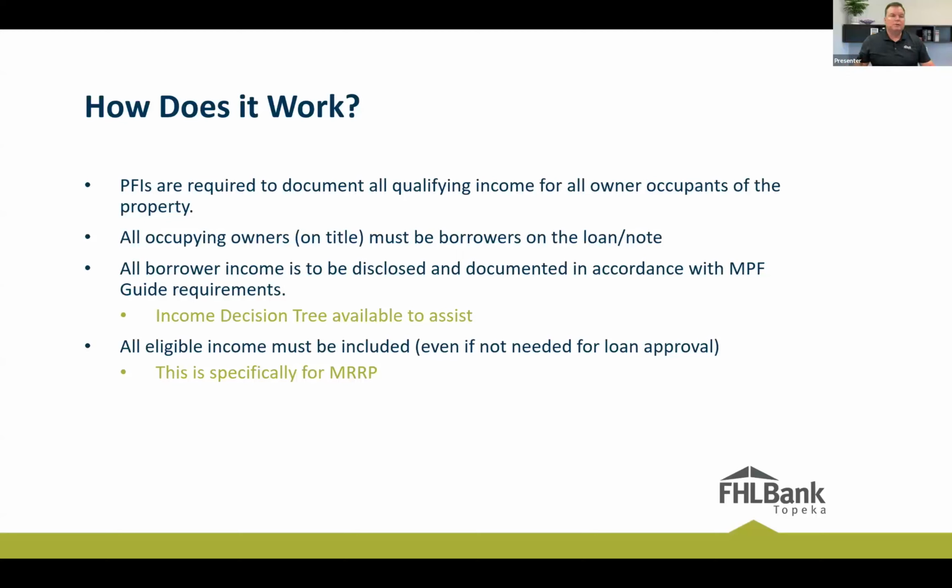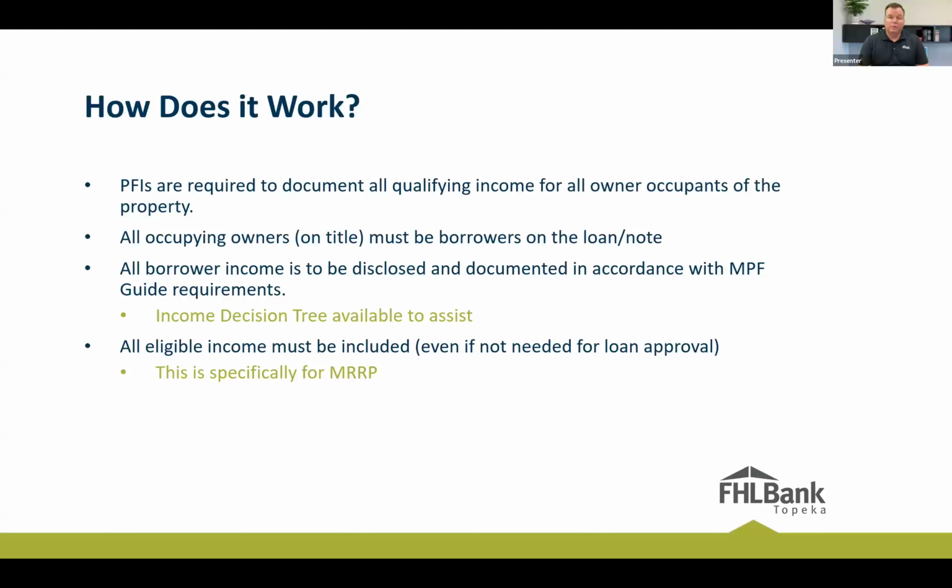All occupying owners on title must be borrowers on the loan and the note. This is a requirement of this product to ensure that we are documenting all of the eligible income that is available for the homeowners. The other side of this, though, is that it is not household income.